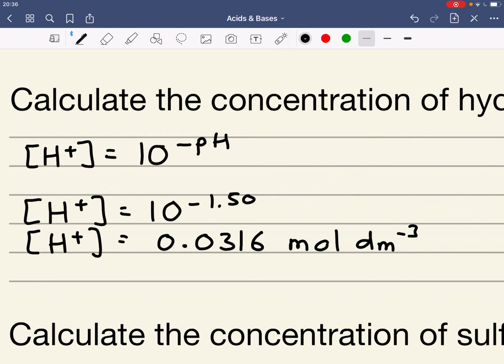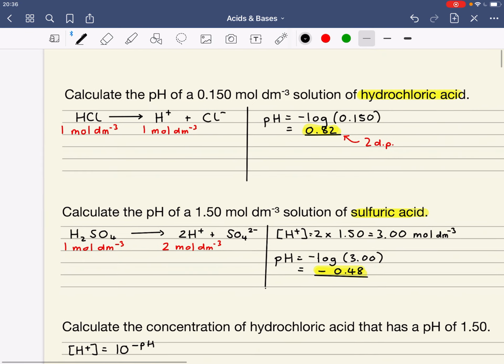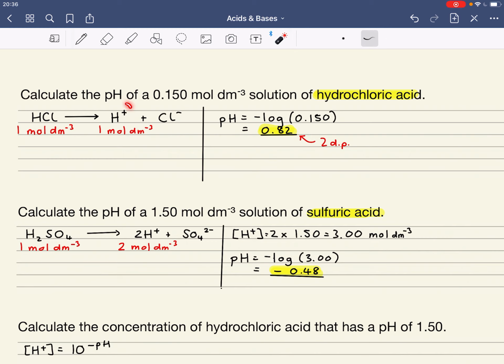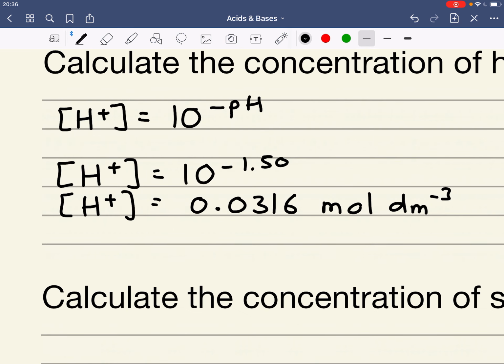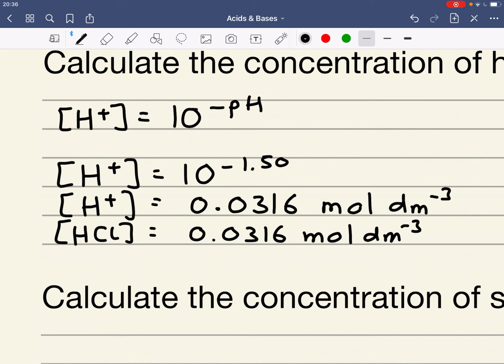And because it's a strong monoprotic acid, if we just go back, my hydrogen ion concentration there is equal to my acid concentration. So the concentration of HCl is also equal to 0.0316 moles per decimetre cubed.